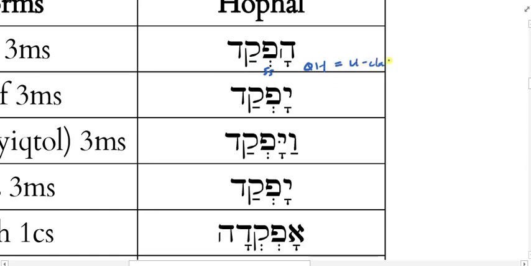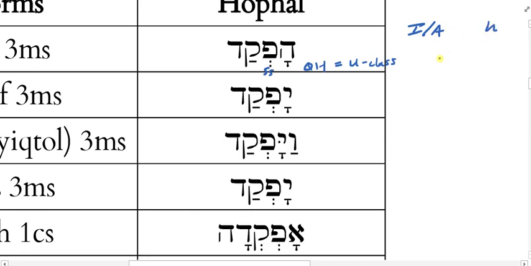It's U class. Okay, so remember how the Piel and Pual are active and passive counterparts of each other. What vowel was characteristic of the Pual? The U class U, right? Whereas the Piel had an I class vowel with its first root letter, and the Hiphil has an I class vowel as well. What's the difference between the Hiphil and the Hophal? In terms of the I's and A's versus U class.